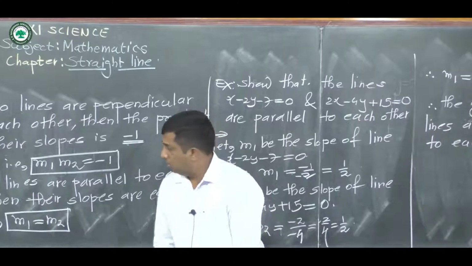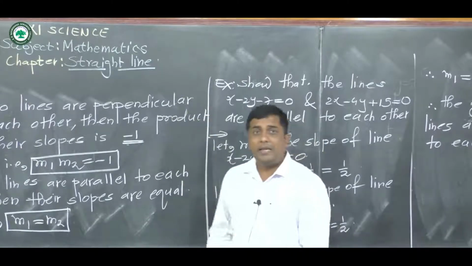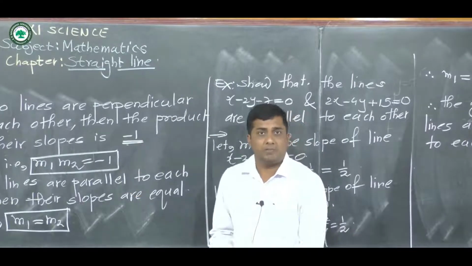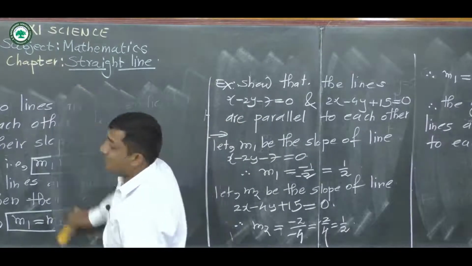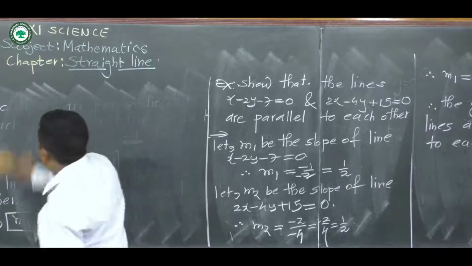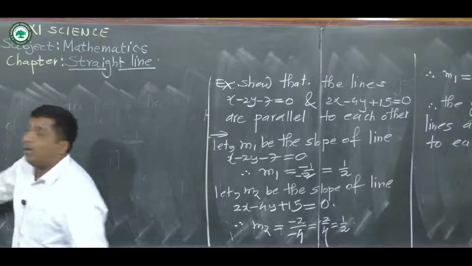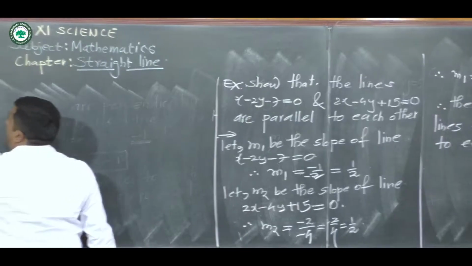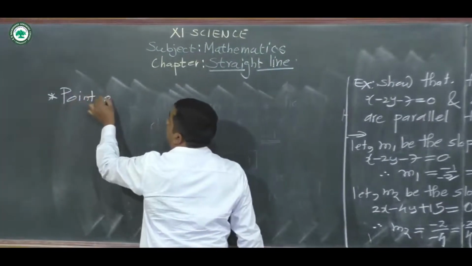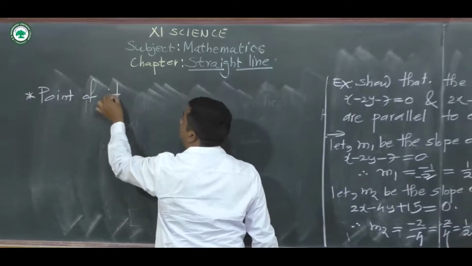Okay, so we see some important examples related with this part. Let's go with our new part in this chapter, and in that we consider the point of intersection of lines.